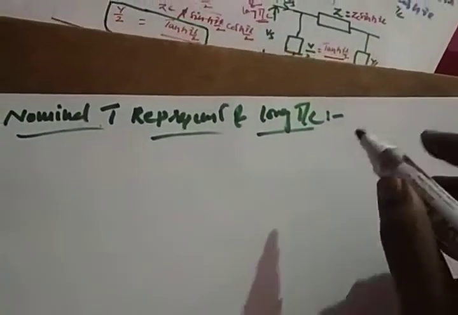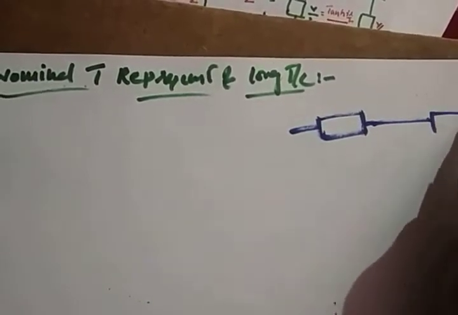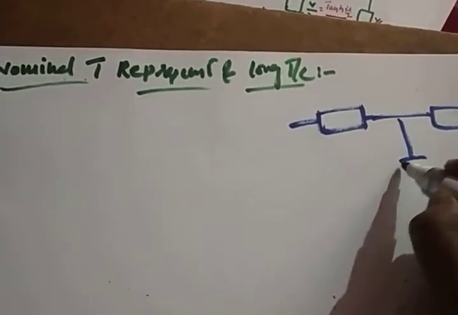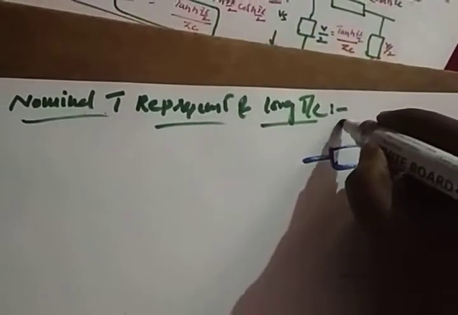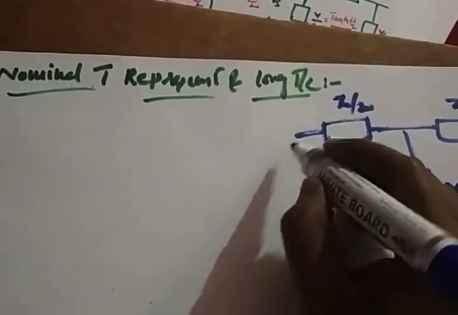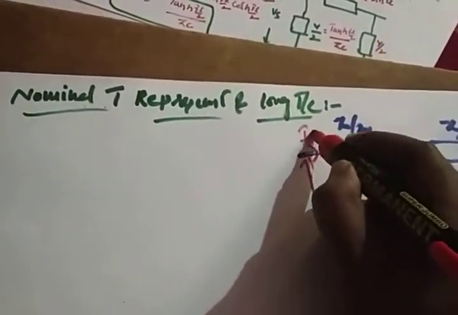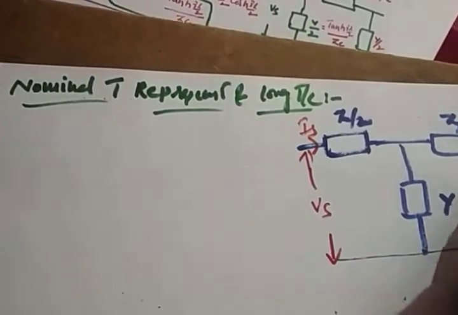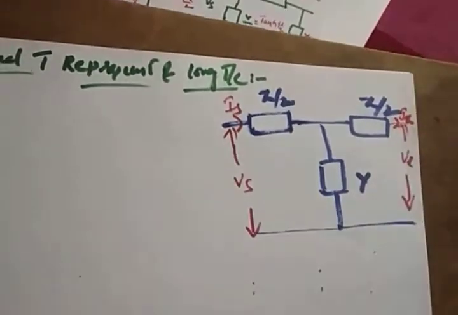So how will the representation be? Here, this is Z by 2, this is Z by 2, this is Y. This we can call the sending end voltage, this the sending end current, this the receiving end voltage, this the receiving end current, right?